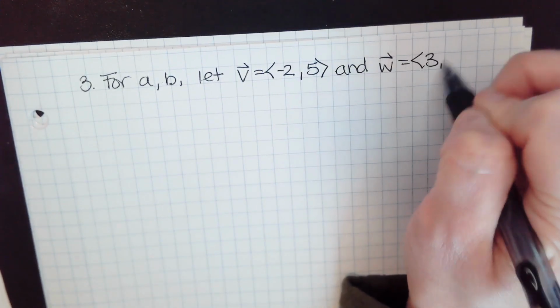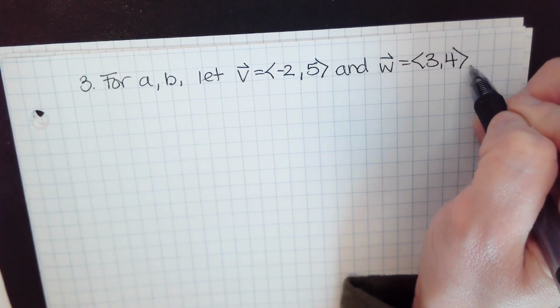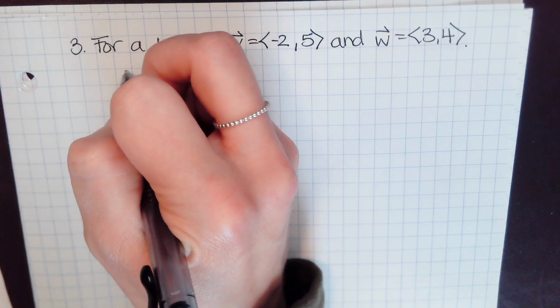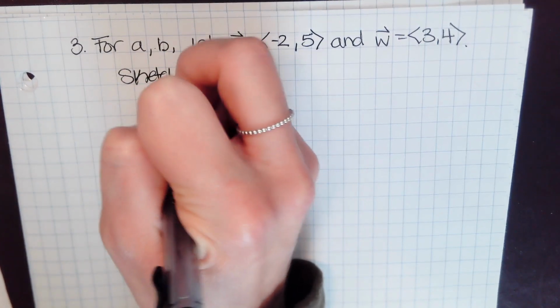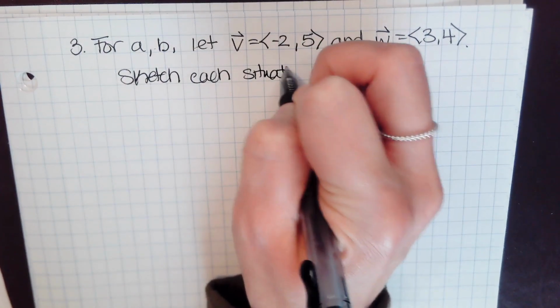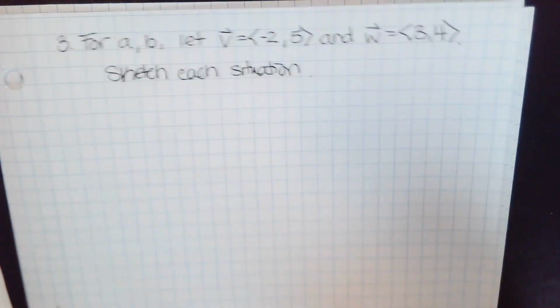And vector w would be 3, 4 in component form. And then I'll have you sketch them too. So here's where you might want some more graph paper as well.